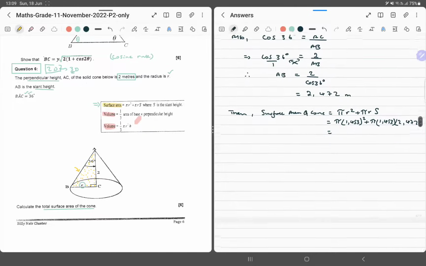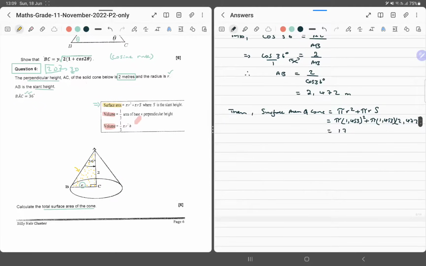Alright, so our answer there is 17.92. Now remember, an area is in meters squared. That is the story. So we are sorted, guys. Nice and easy.